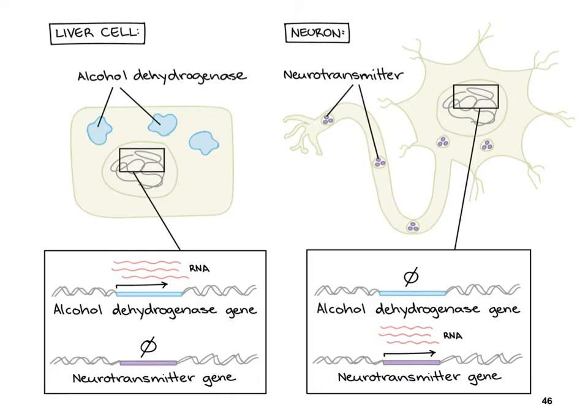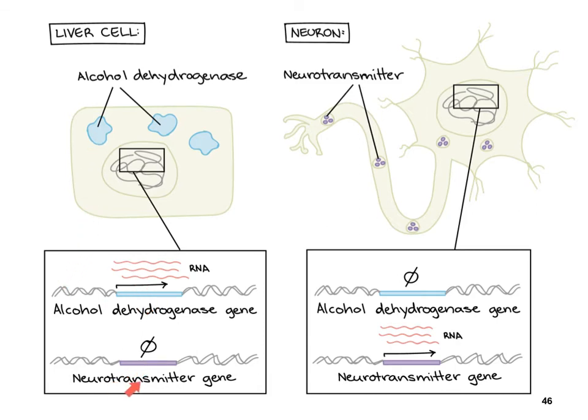So just a quick visual here of what we mean by differentiation. Here we've got a liver cell, and livers need to be able to digest alcohol, and it does that using the enzyme alcohol dehydrogenase. So why does the liver make this? It's because it is allowed to transcribe this DNA, which makes RNA, which makes the protein alcohol dehydrogenase.